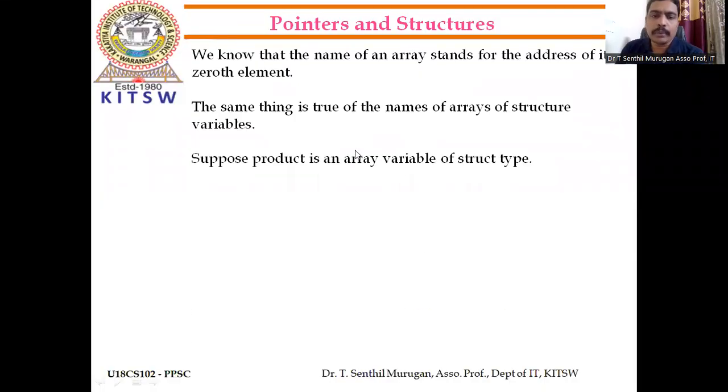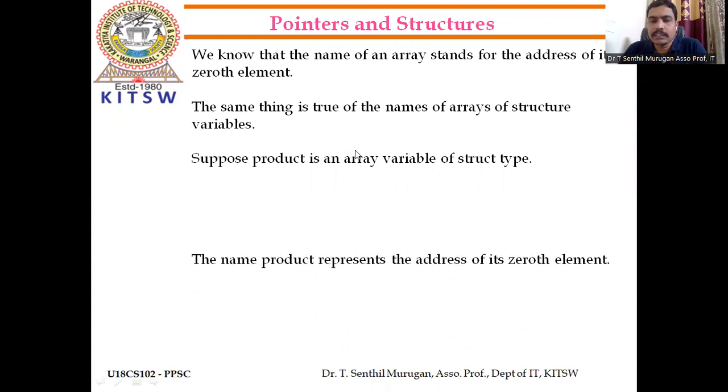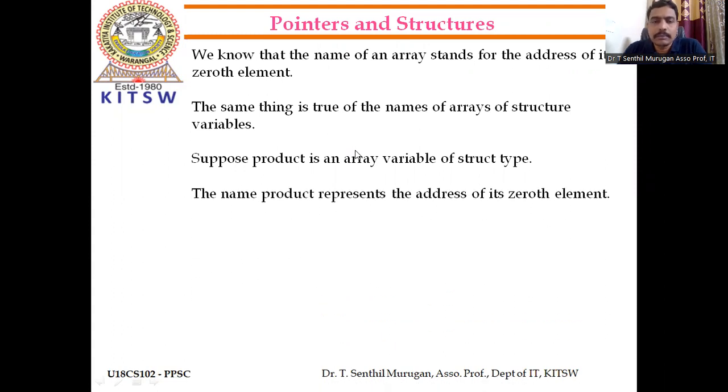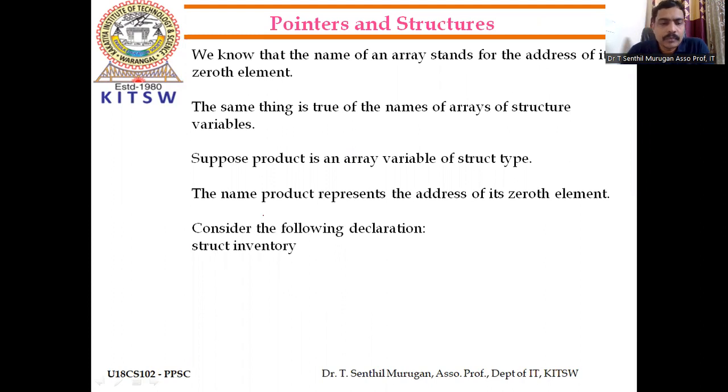Suppose product is an array variable of the struct type. The 0th product represents the first product. See this example. We write a structure with the struct keyword, and the structure name is inventory.